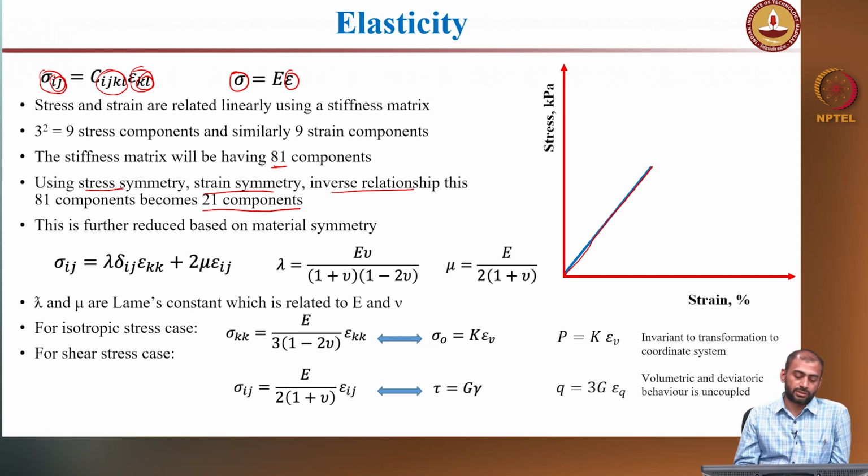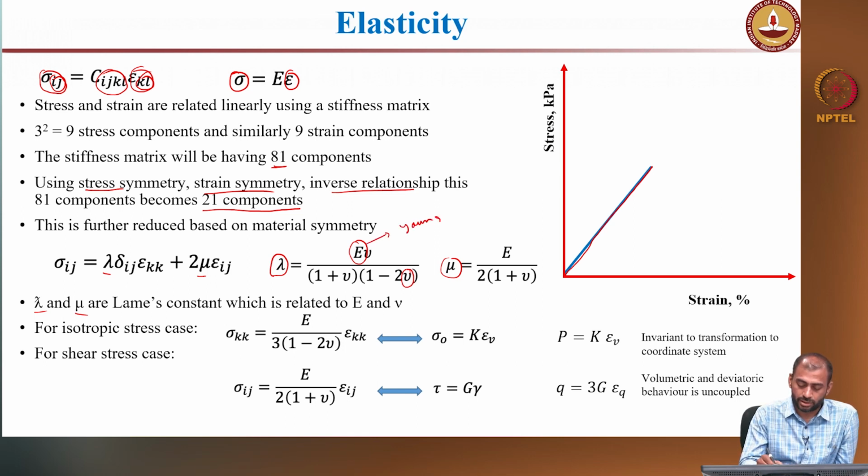If you are using a material which is isotropic, then you will come down to only 2 components, which is nothing but the Lamé's constants, lambda and mu. These Lamé's constants lambda and mu are related to your Young's modulus and Poisson's ratio.